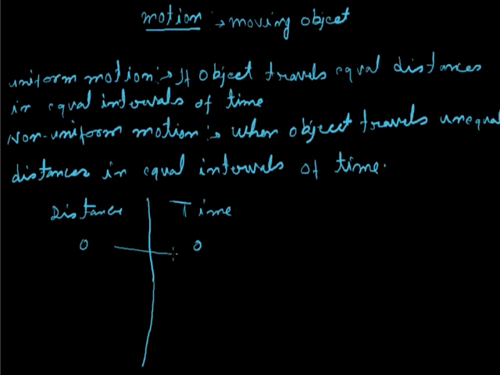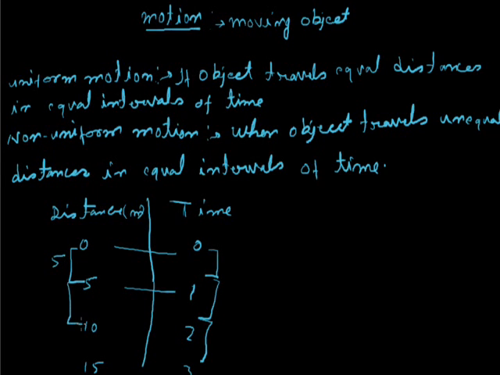At t equal to 1 second, distance is 5 meters. In the next second the distance is 10 meters, and in the next the distance is 15 meters. So you can see in every equal interval of time we are getting equal distances. If we take the difference, here the difference is 5 meters, and here also the difference is 5 meters. So it shows uniform motion.